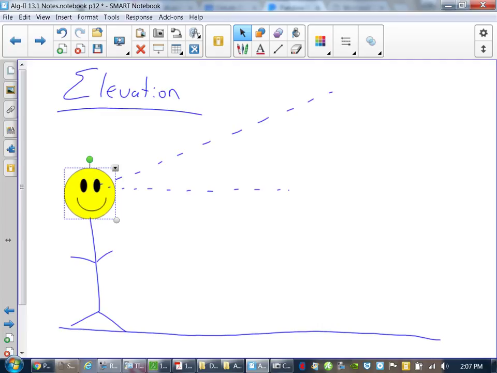Line of sight looking up is angle of elevation. Line of sight is what your eye level is looking straight across along flat land, if you will. What I want you to remember is that your line of sight is technically always going to be parallel to the ground.